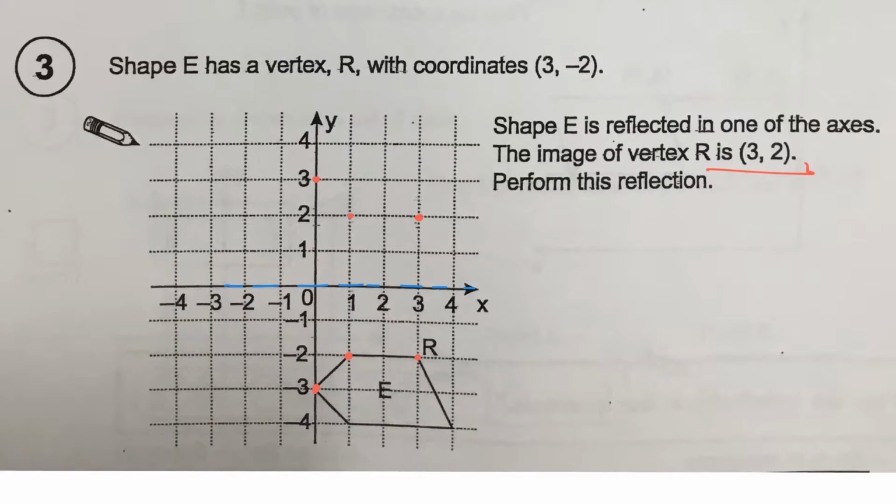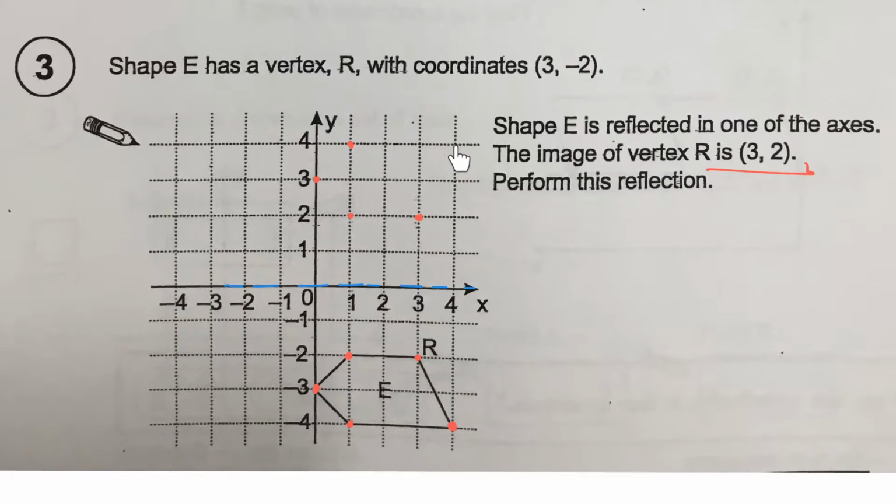Another vertex, this one here. From the mirror line, 1, 2, 3, 4. So from the mirror line upwards, 1, 2, 3, 4, and we'll come here. Another one, the last one, this point here. From the mirror line, 1, 2, 3, 4 down. So I need to go 1, 2, 3, 4 up.